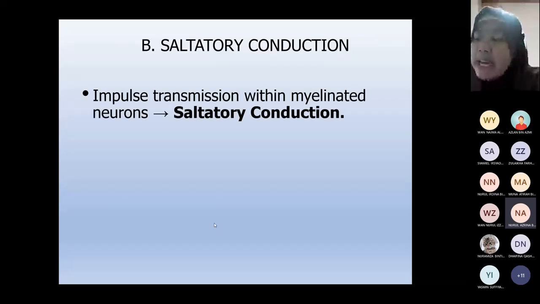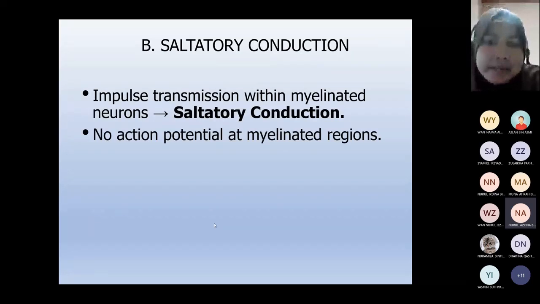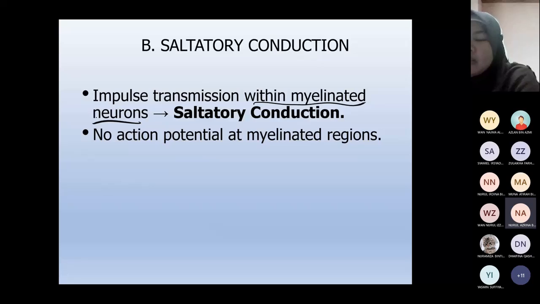So now let's look at saltatory conduction. Saltatory conduction is impulse transmission within myelinated neuron. Let's say if I draw here, this is our neuron and it has myelin sheath.